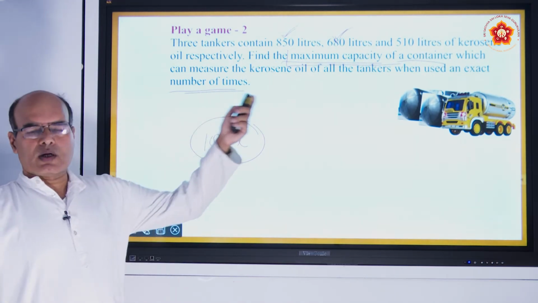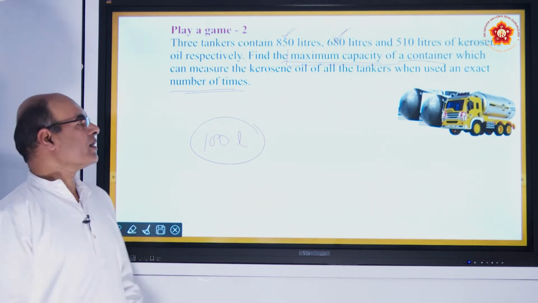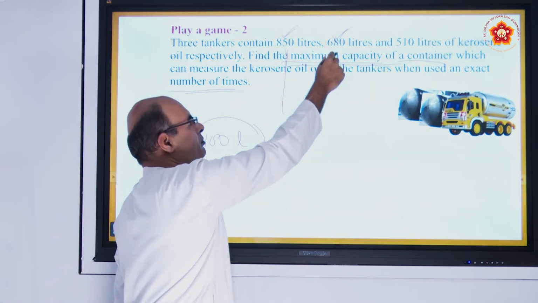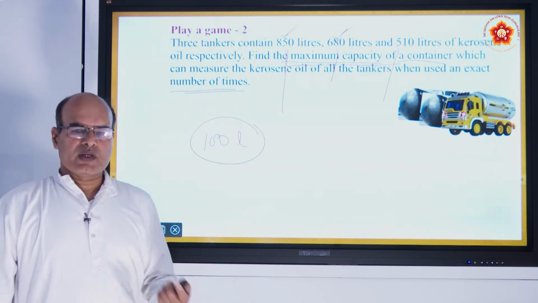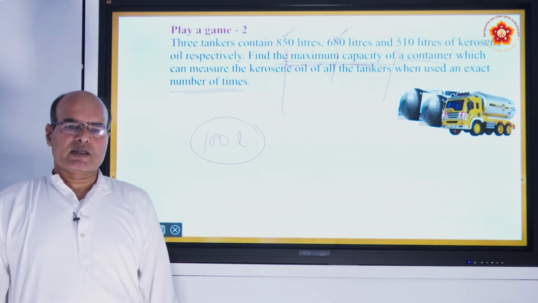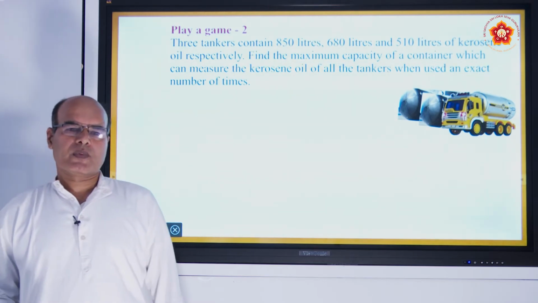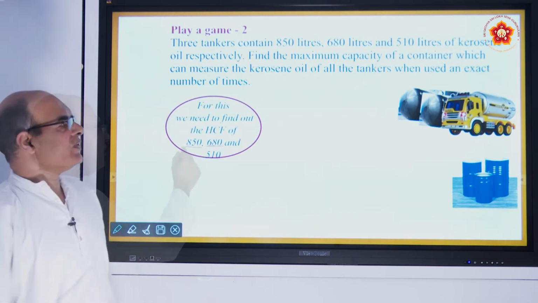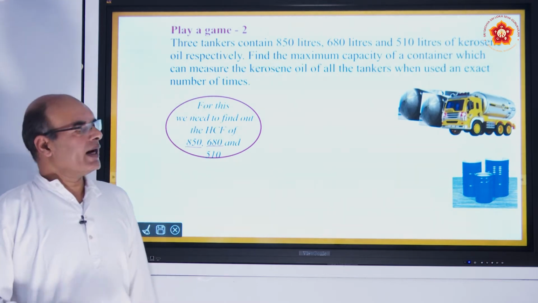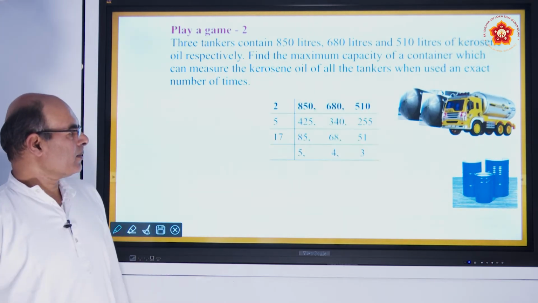No kerosene should remain in the tanks. That means we have to take the factors of these numbers, and the container we need is of maximum capacity. So what can we do here? We can take the HCF of 850, 680 and 510. Let us see a method.